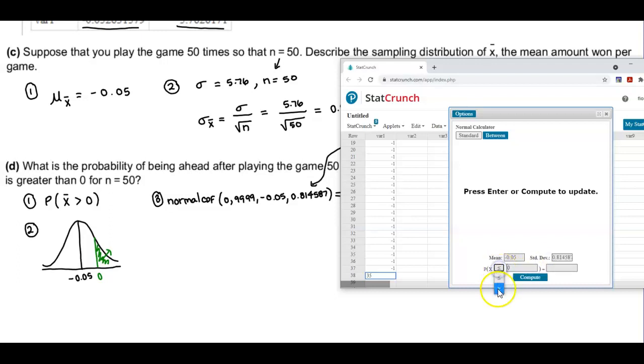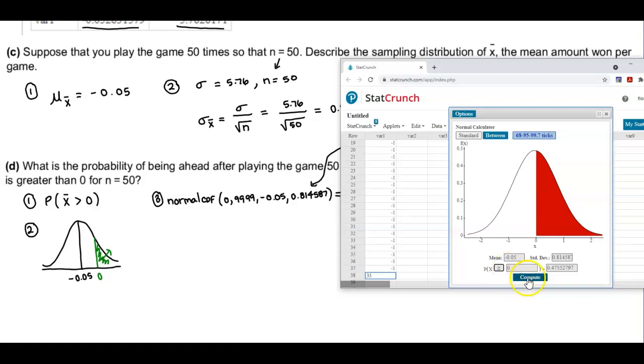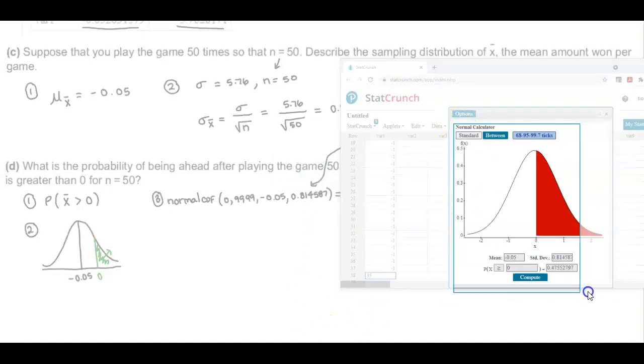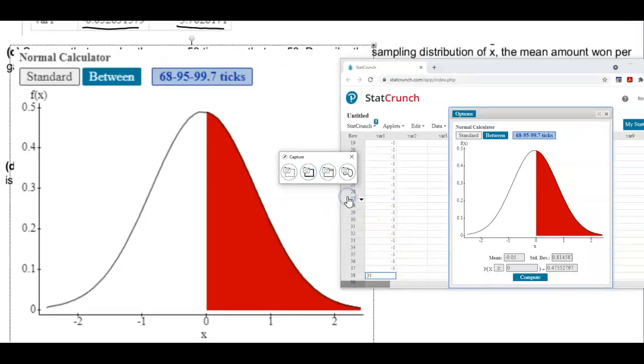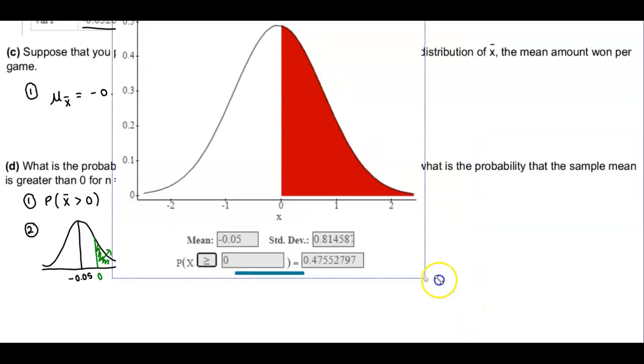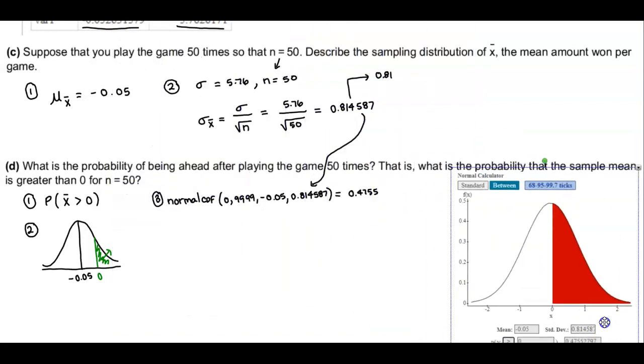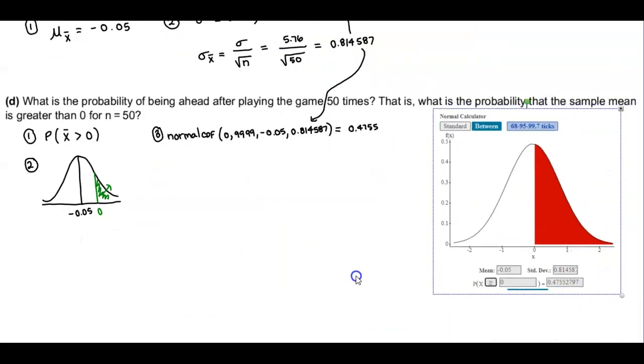We want to make sure that it's greater than 0. And so there it is computed. Now we can see how we would solve for that on StatCrunch to get the same probability. So we can see the probability is approximately 47.55%.